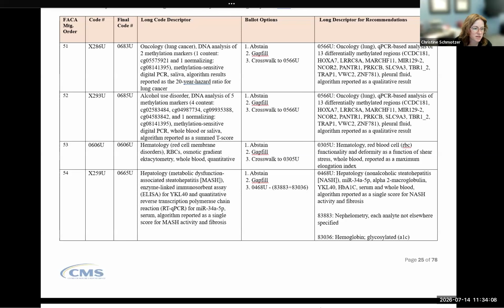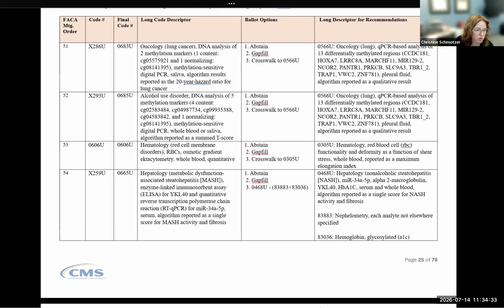So X259U, now 0665U, is a multi-analyte test, a hepatology test for MASH, with one analyte measured by ELISA and another by RT-qPCR. The sponsor recommended crosswalk to 0468U minus individual CPT code fees for 83883 and 83036, which are hemoglobin A1C and an individual nephelometry analyte. Those two analytes are not in this current recommended code.